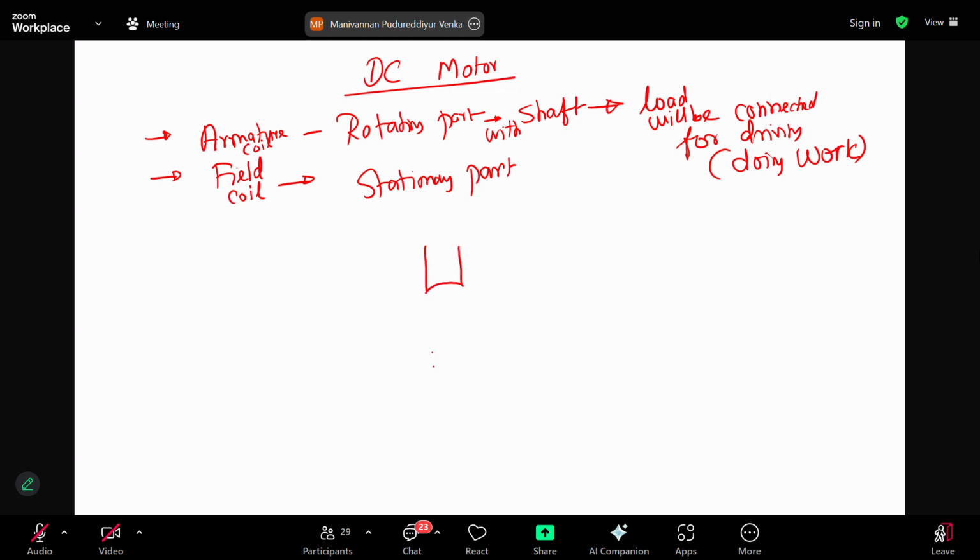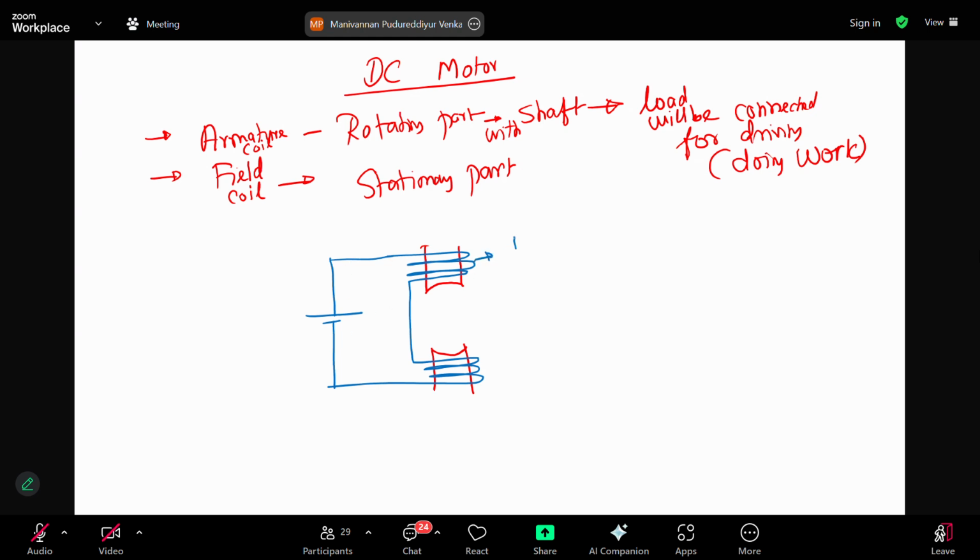In any electrical book, you'll see something like this, in which you have this electrical coil.